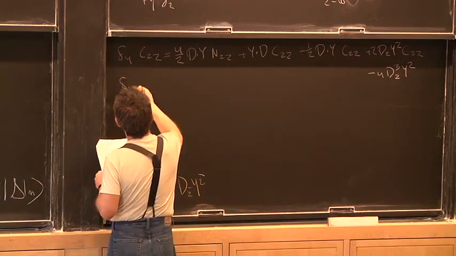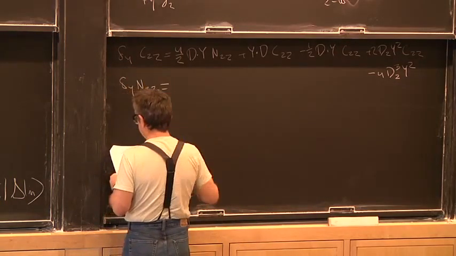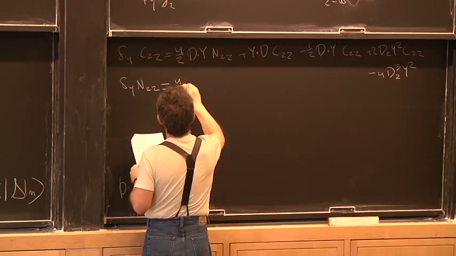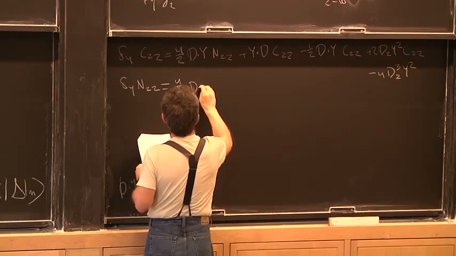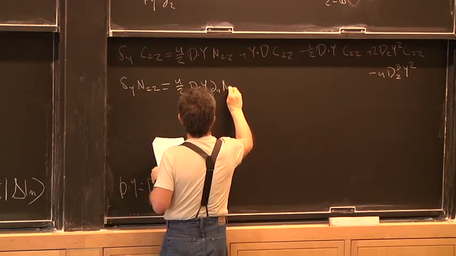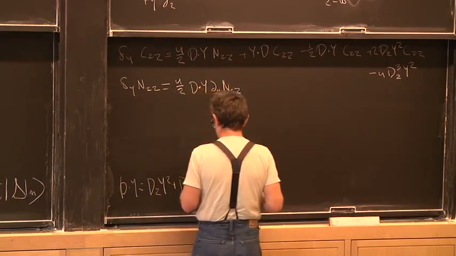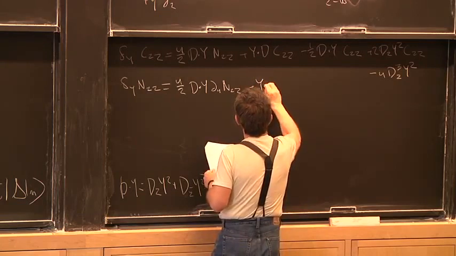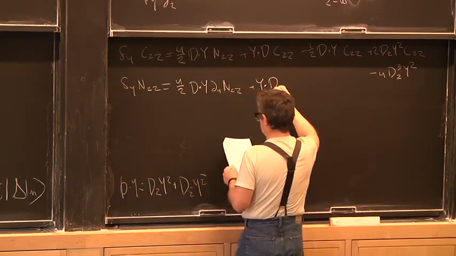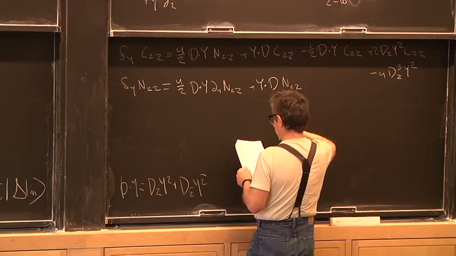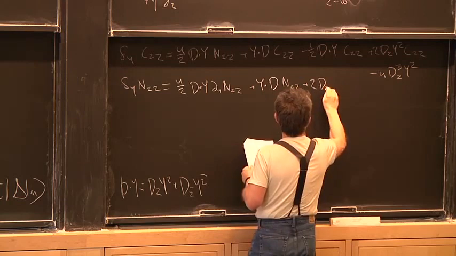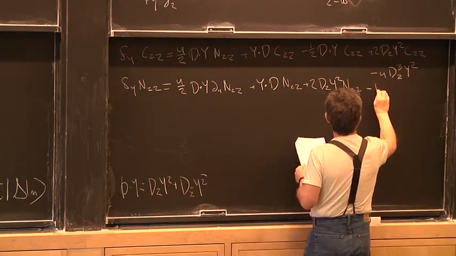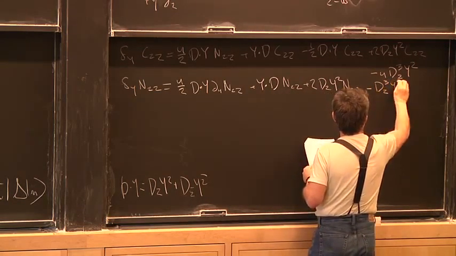And then δ_Y N_zz we get by taking the u derivative of this, and we get u/2 D·Y ∂_u N_zz plus Y·D N_zz plus 2 ∂_z Y^z N_zz minus ∂_z^3 Y^z.